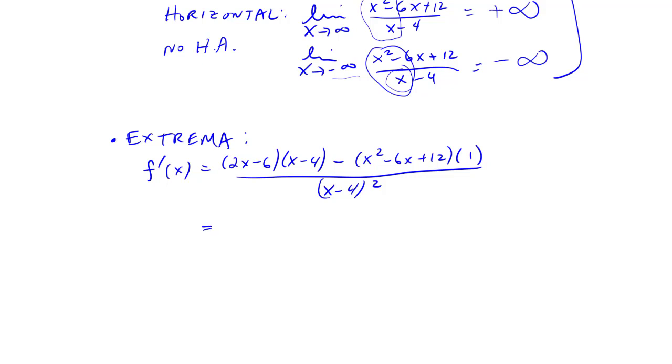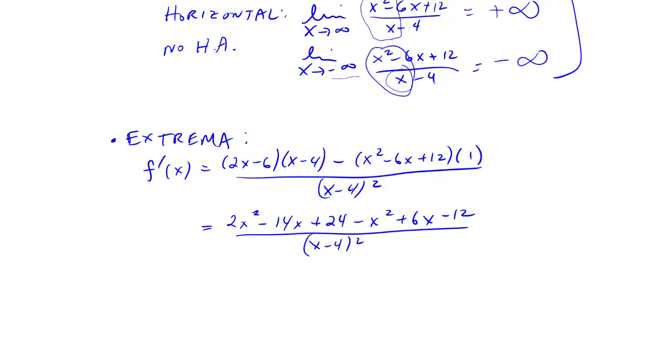So that's going to be 2x squared minus 14x plus 24 minus x squared plus 6x minus 12 over x minus 4 squared.